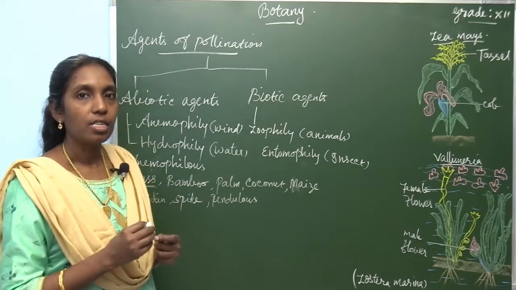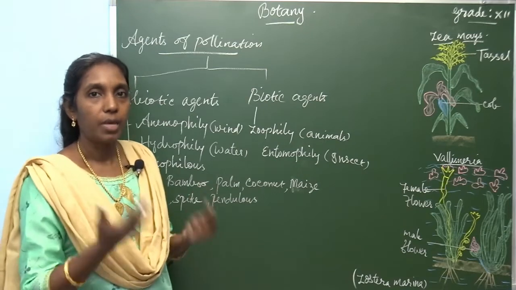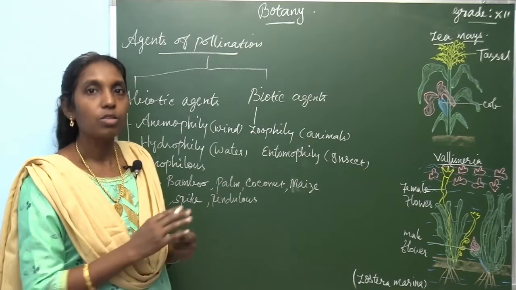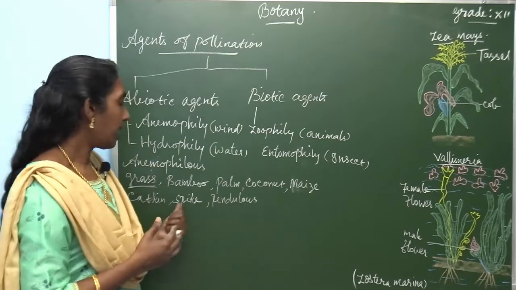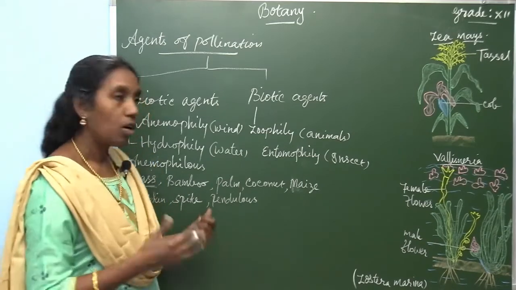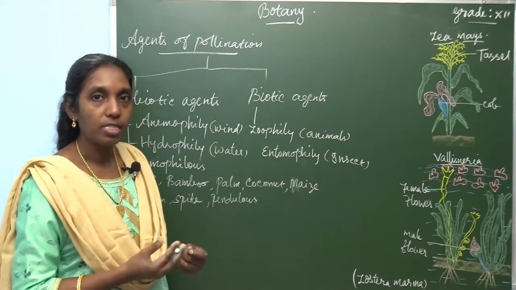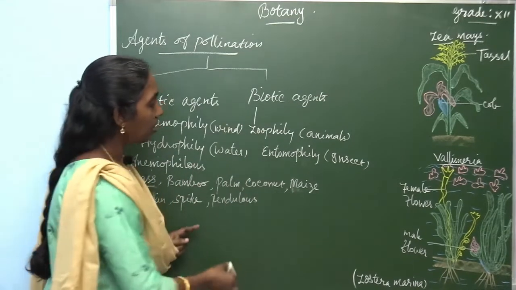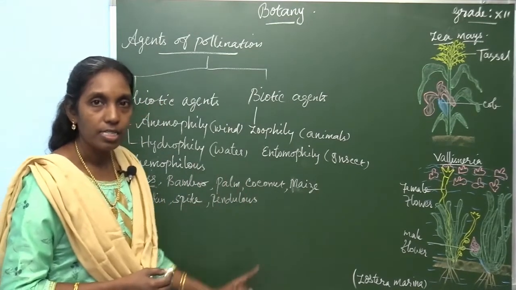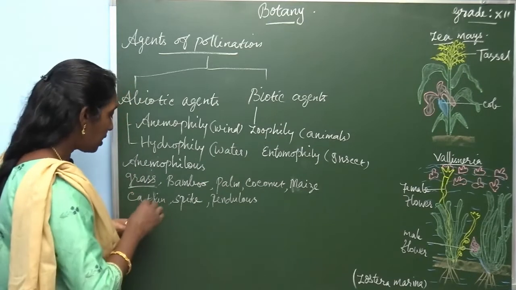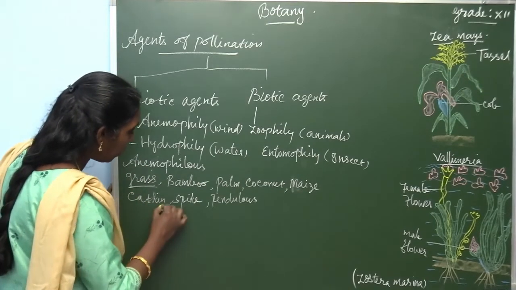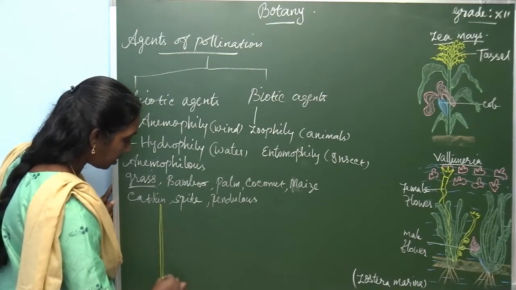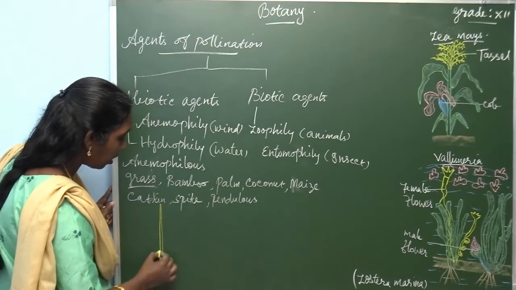Catkin inflorescence does not possess a perianth, either the perianth is absent or it is reduced. So there are no petals in these flowers. In spike inflorescence, there is an indeterminate, elongated inflorescence axis, to which sessile flowers are attached.